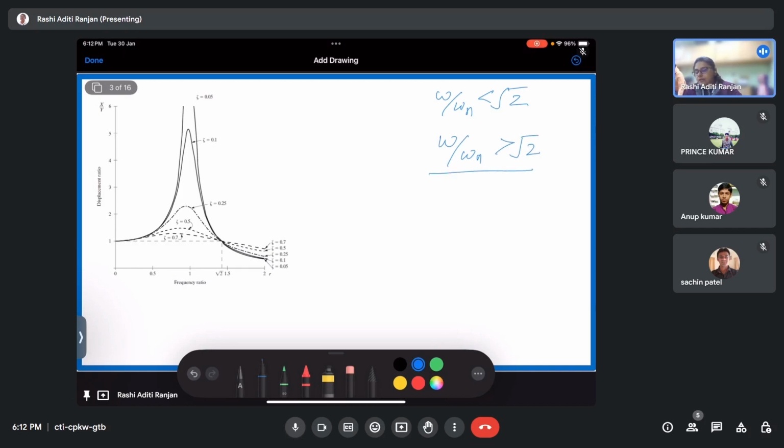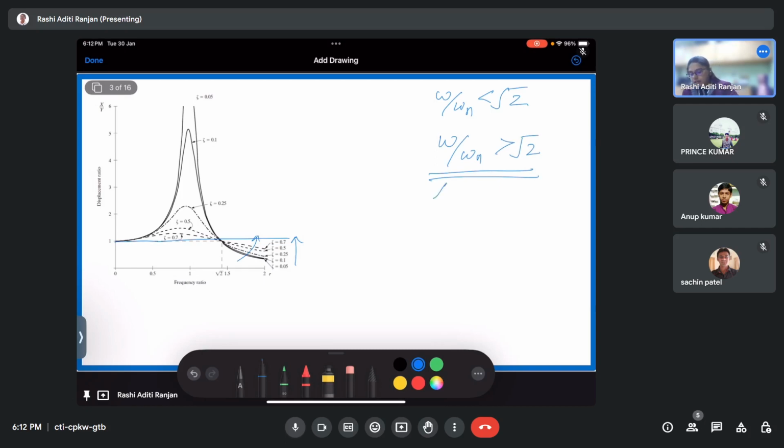Okay, so as you can observe, as the damping value is increasing in this case, the amplitude also starts increasing. Although what is important to notice is that whatever the effect of damping is, with the increase of damping, amplitude is increasing, but it is always less than 1. Correct.